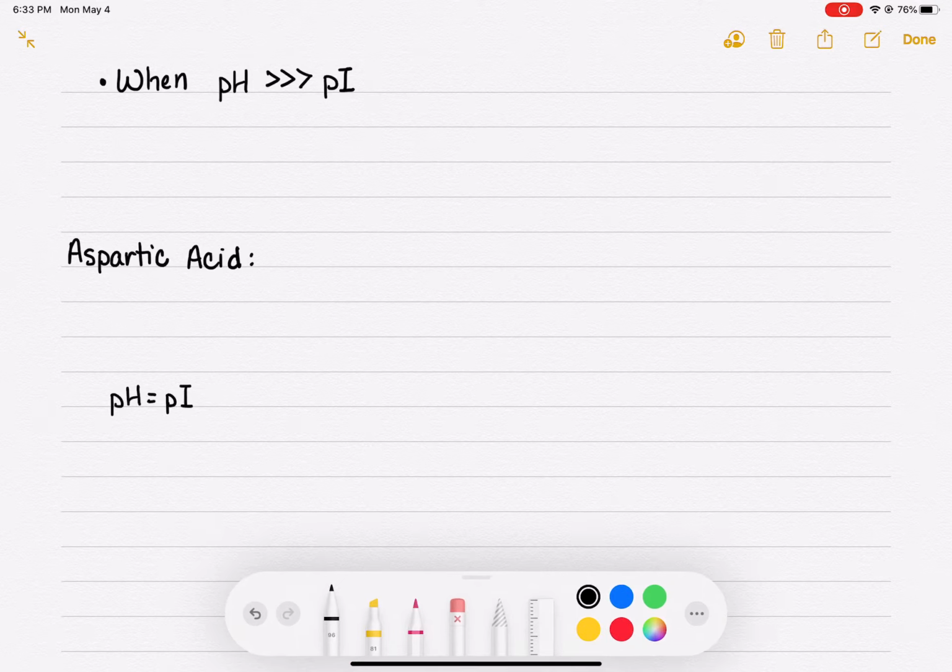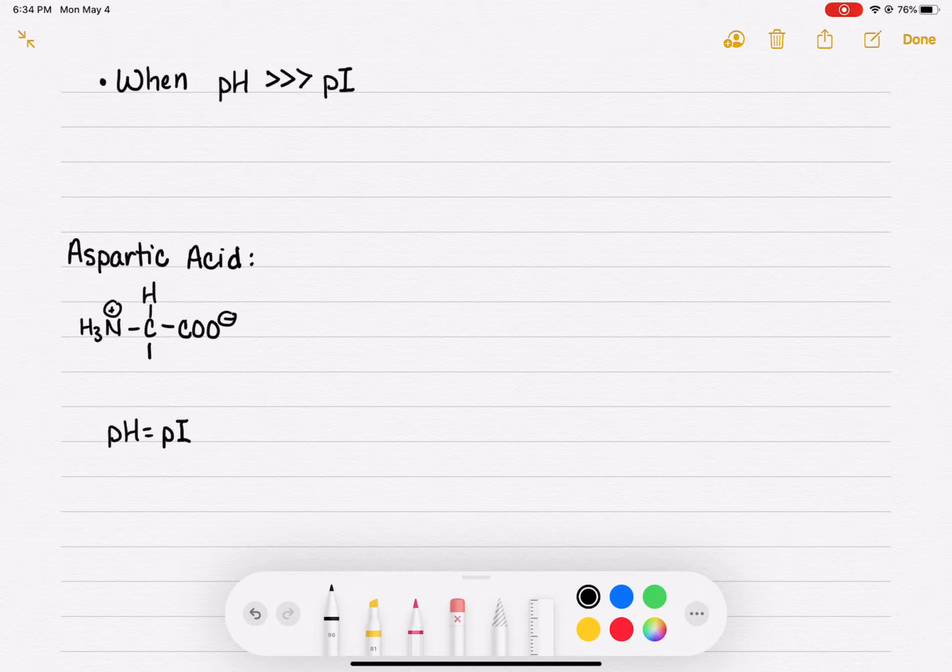Like I said, we don't have to know exactly what the PI or the pH is. When we are at the PI, we are in full-on Zwitterion form. So here is what this much of the amino acid looks like.